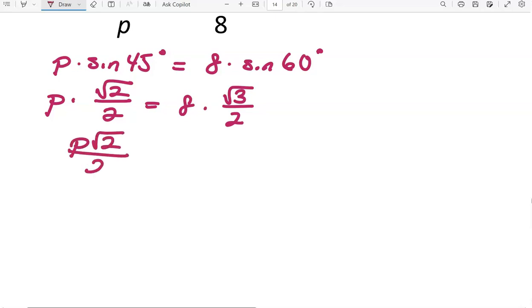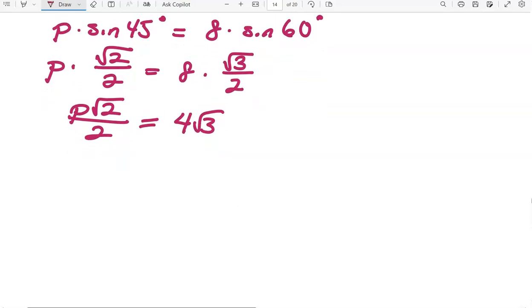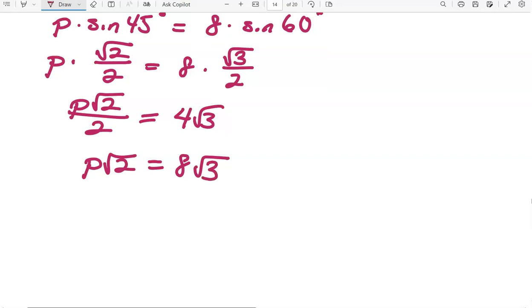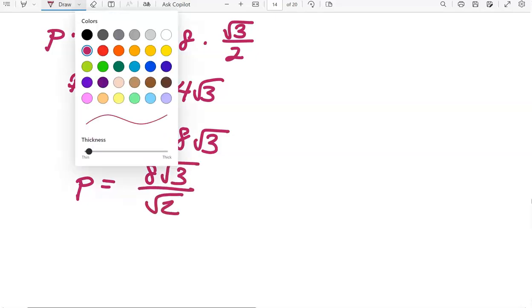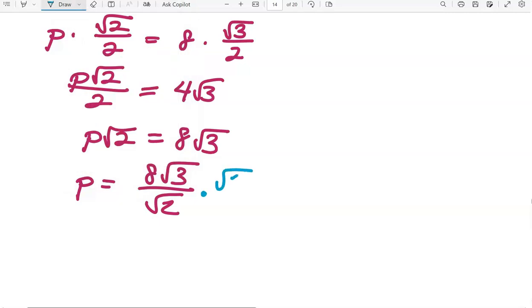P times the square root of 2 divided by 2 is equal to 4 times the square root of 3. Now what I'll want to do is clear my fraction by multiplying both sides by 2, and then we're going to divide by the square root of 2, and then we're going to rationalize that final answer.